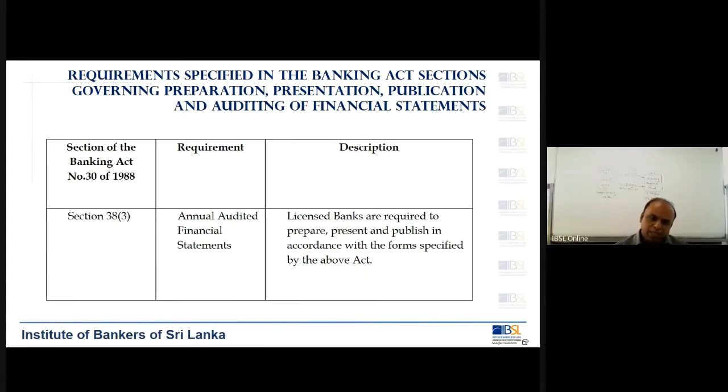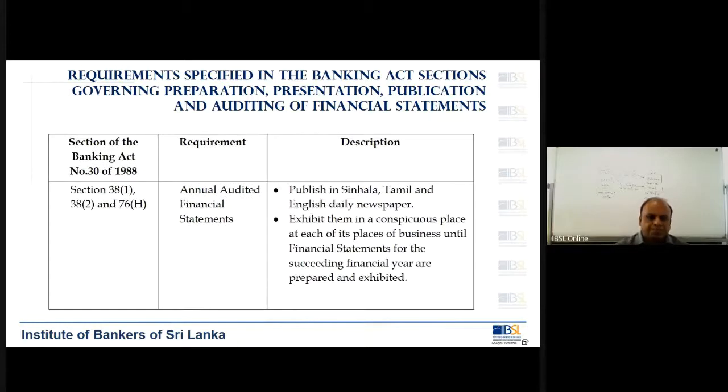Either they can say what is there under section 38(3) of the Banking Act, or they can ask you what is the section that is applicable and which talks about the annual audited financial statement. So you can be tested both ways. Either the section can be given and you will be asked a question, or you will be given some details and asked for the section.